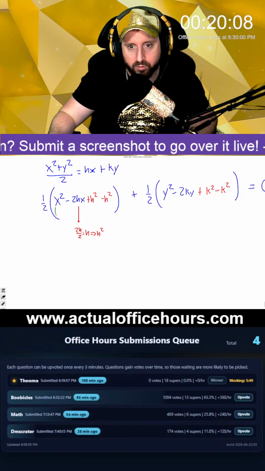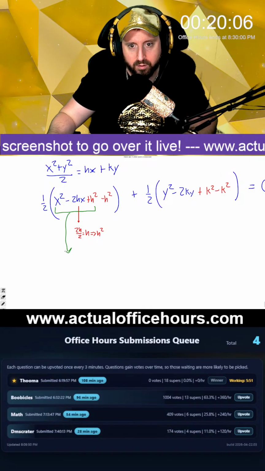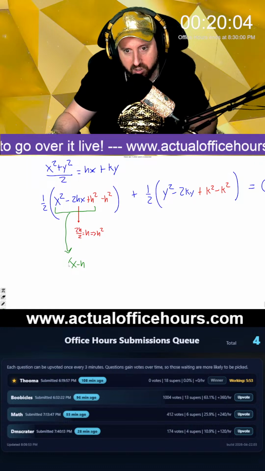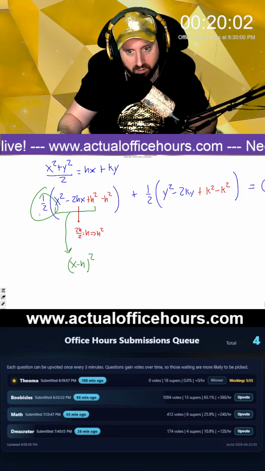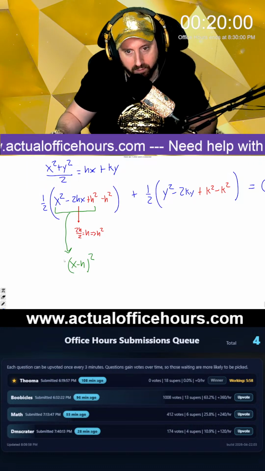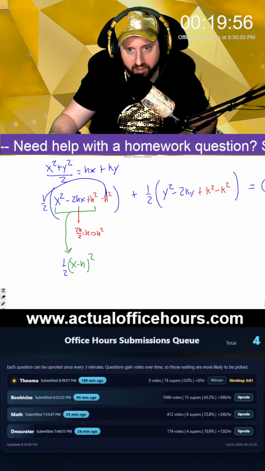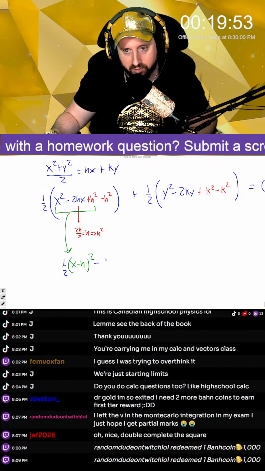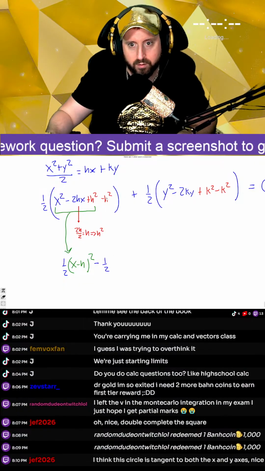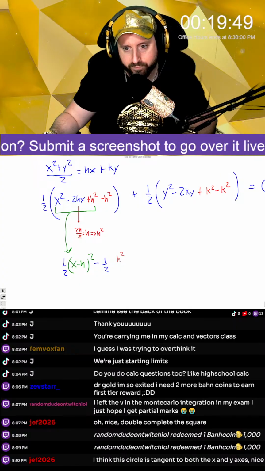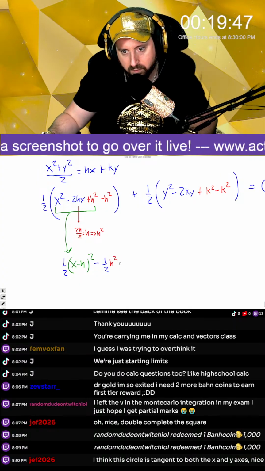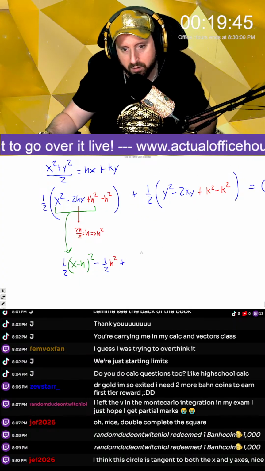Good. Okay, so then all of this is going to become x minus h squared. And then I still have a 1/2. The key thing is, even though this becomes this, the 1/2 still has to go through and multiply by this. So this is minus 1/2 h squared. And then we do the same thing here.